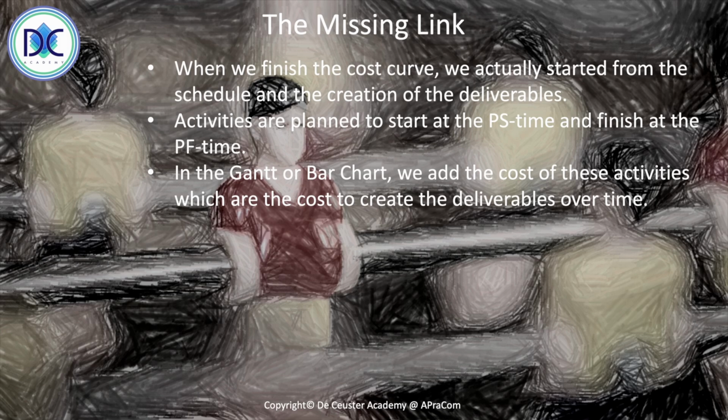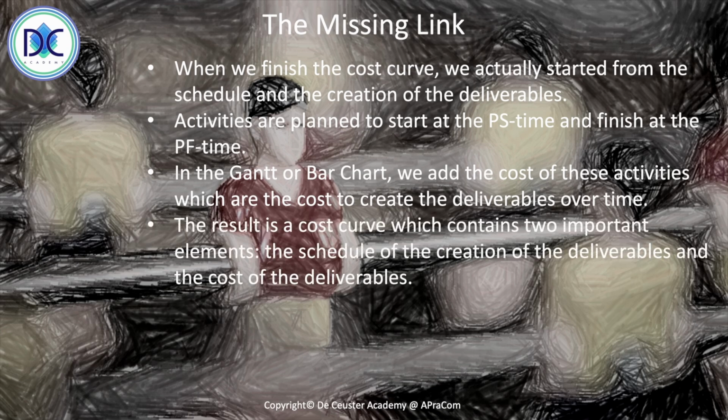We add the cost to these activities, and these are the costs to create the deliverables. And of course, those costs are spread over time, like the deliverables are spread over time. What we find here is the cost curve, but this cost curve has basically two types of information integrated in it.